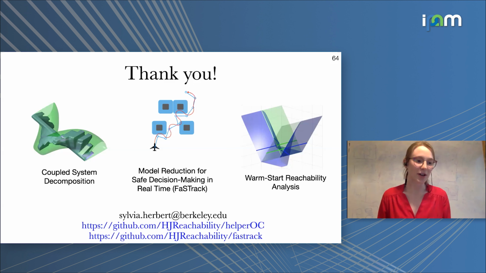Okay. So there are two ways in which, in this talk, I mentioned trying to handle a priori unknown environments. The first was when I discussed fast track, where we were planning using that low dimensional system, and then we had the bound with respect to the high dimensional one. The reason we're able to handle unknown environments in this particular case is that we've completely separated the safety problem from the planning problem.